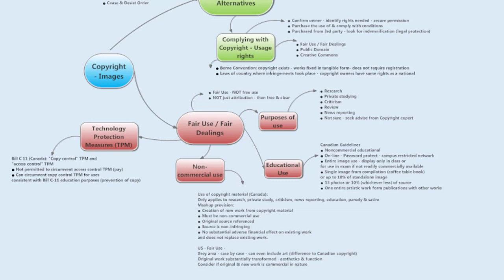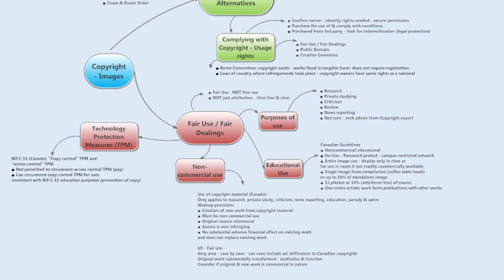There's also something called Technological Protection Measures, TPM. Bill C-11 in Canada defines two different types of TPM. There's copy control TPM and access control TPM. So you're not permitted to circumvent any access control TPM. So in other words, if there's copyrighted material and you have to essentially pay for it to be able to use it, you can't circumvent that system, the technology used to do that.